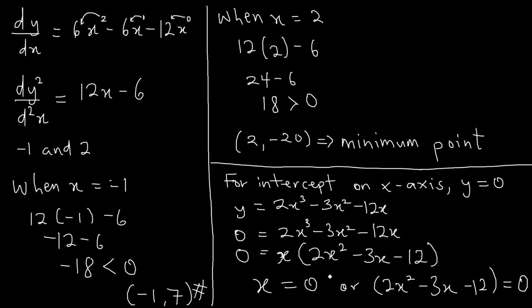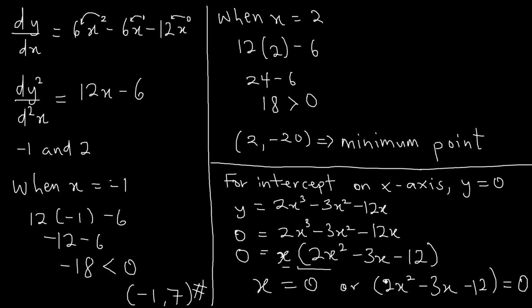Why do we make that assertion? Because we are saying that there are two values. The first value is x, and the second value is what is in the bracket. If either of them is 0, it makes the whole thing equal to 0. So let's take the first assumption. If this x is 0, 0 times what we have in this bracket will give us 0.